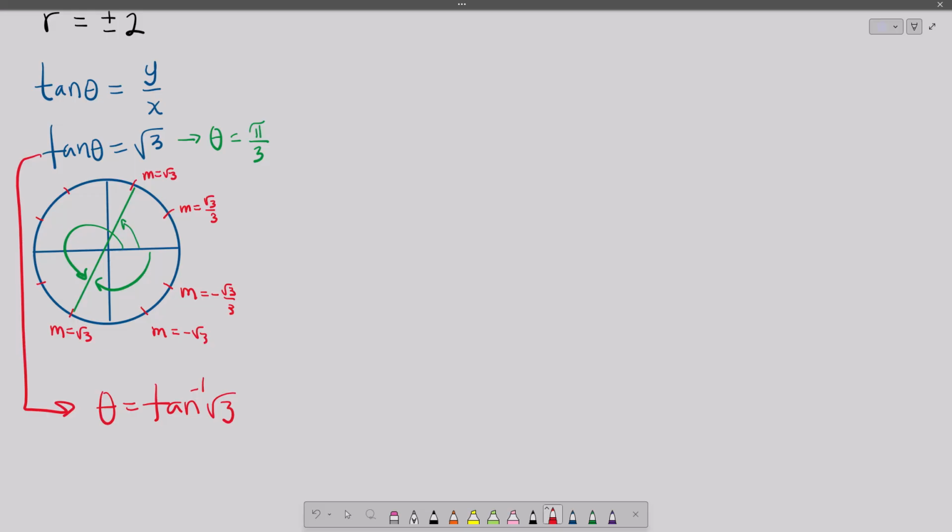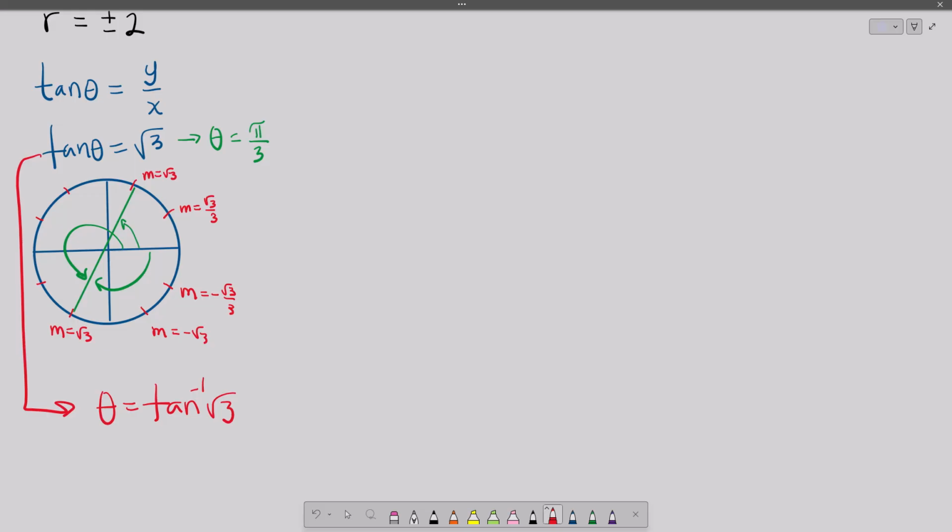This is a trigonometric equation that has an infinite number of solutions. Right? You can plug in pi over 3 as the solution. You could plug in down here and get to 1, 2, 3, 4, 5, 6, 7, 8. So that's 4 pi over 3. So 4 pi over 3 is a solution. Minus 2 pi over 3 is too. There's an infinite number of thetas that satisfy that.